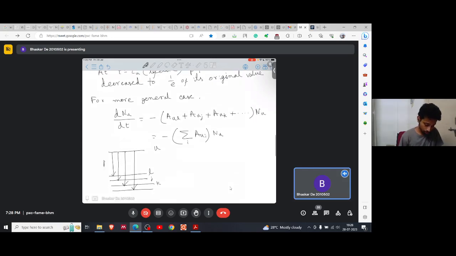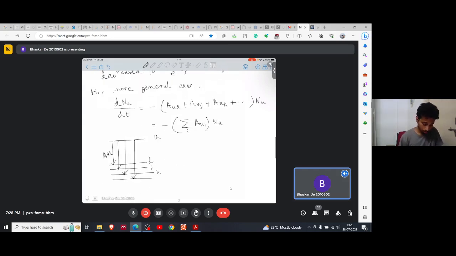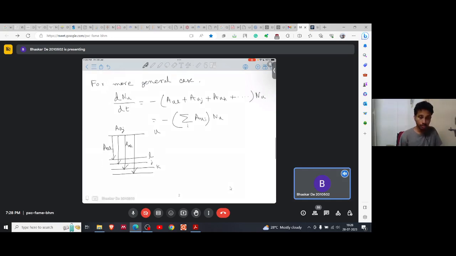Here I will use this A_ul. This is the proportionality constant, or the rate at which the population is transferring from u to l. So for this one it is A_ul, for this one A_uj, for this one A_uk. Now this is the whole differential equation for the particular u level.